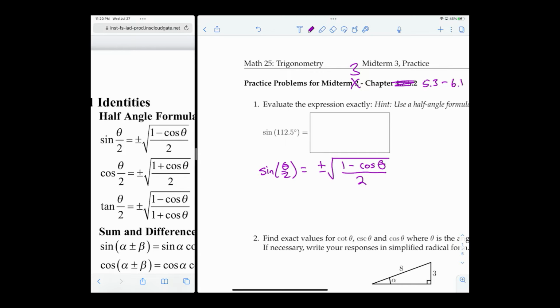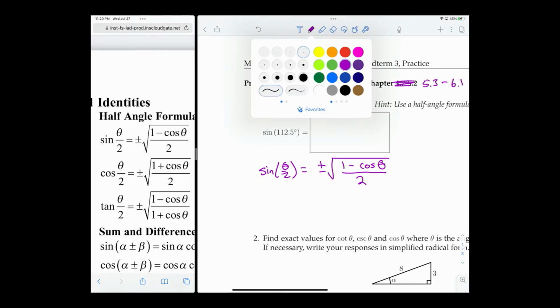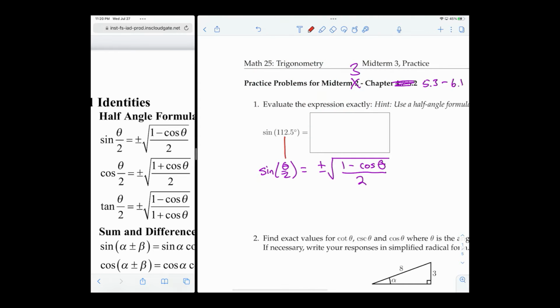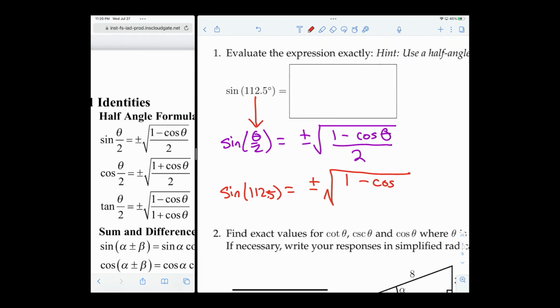And then what we've got going on is this. The 112.5 is the theta over 2. So we have sine 112.5 should equal plus or minus, we'll figure out which in a minute, the square root of 1 minus cosine of what? Well, think about this. This is theta divided by 2, the small angle.